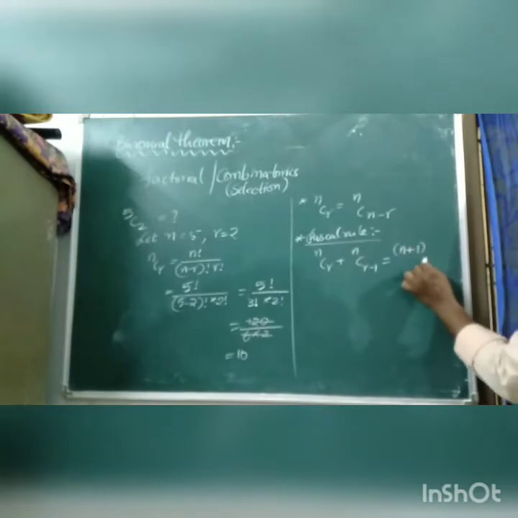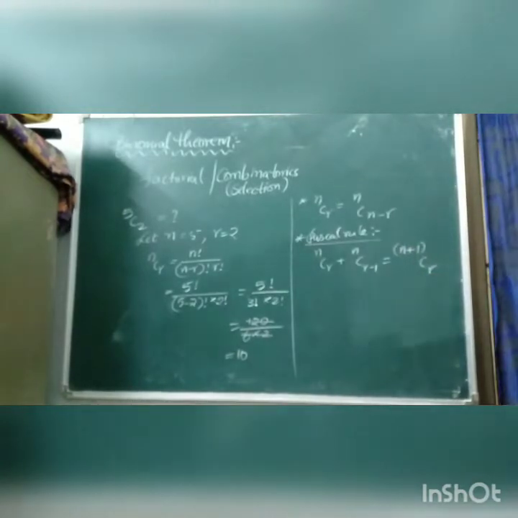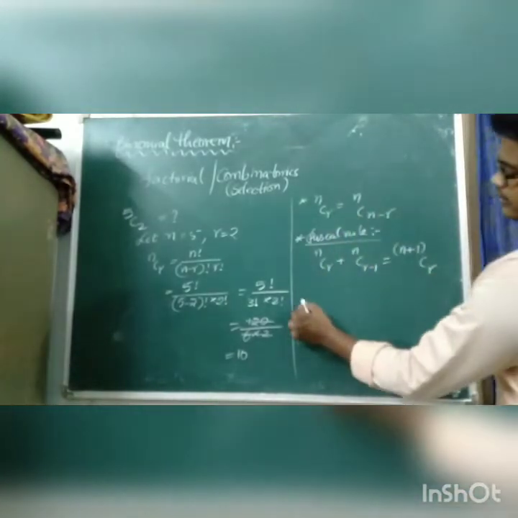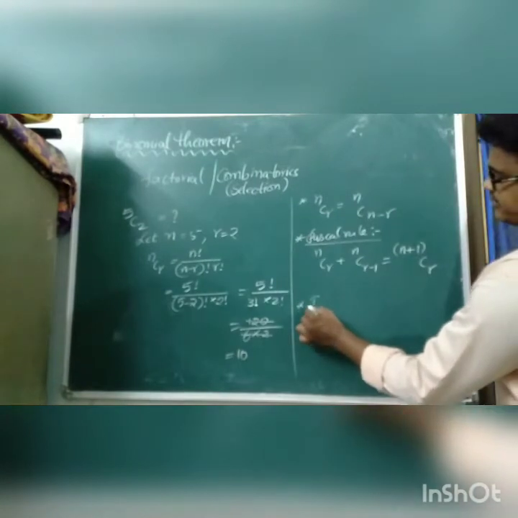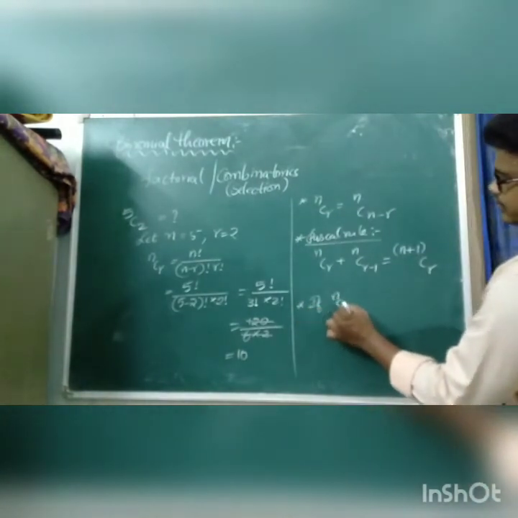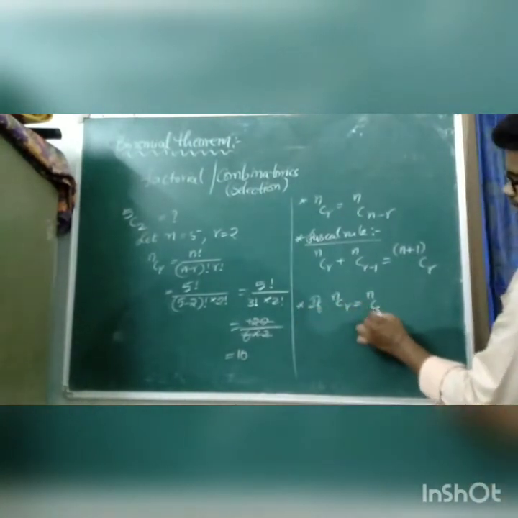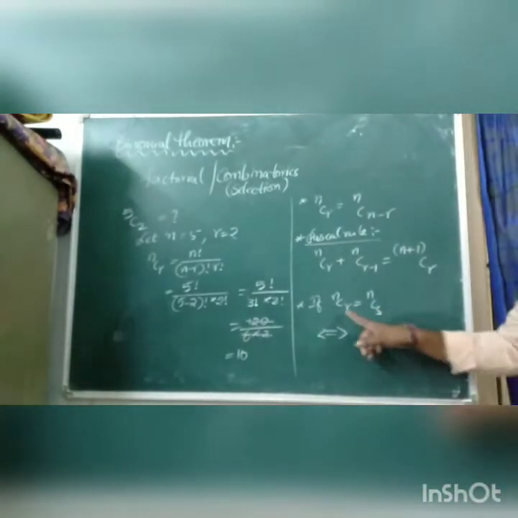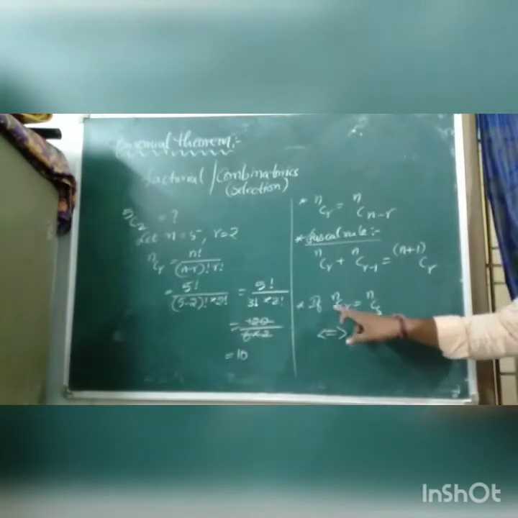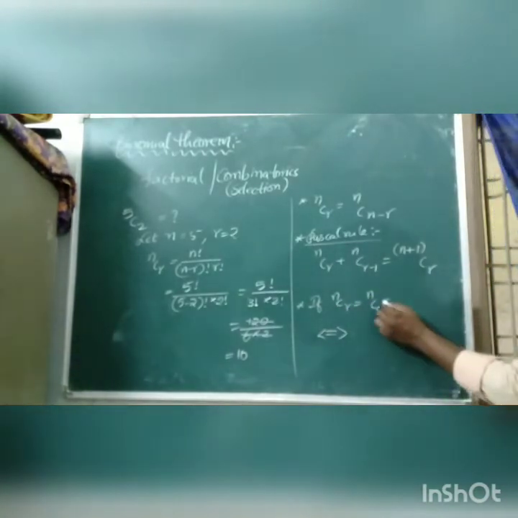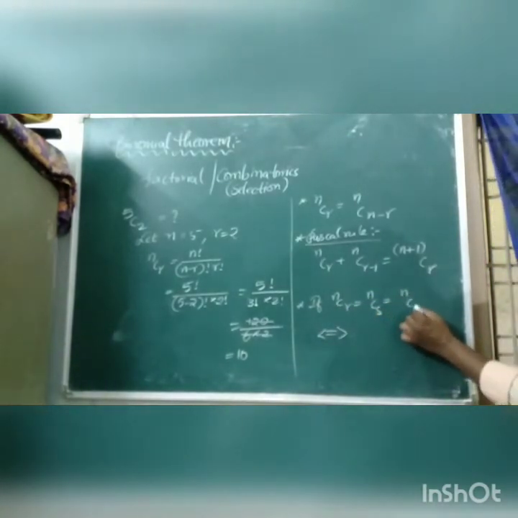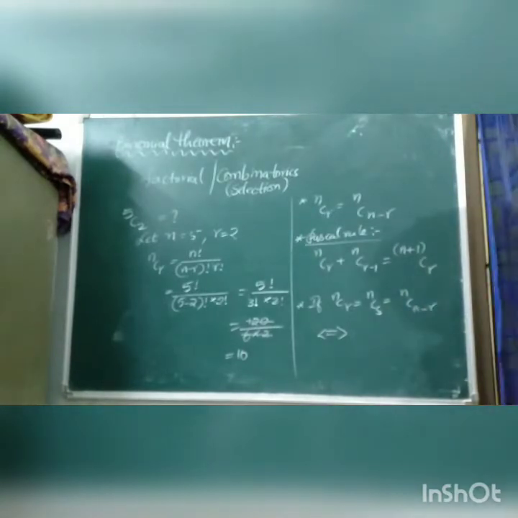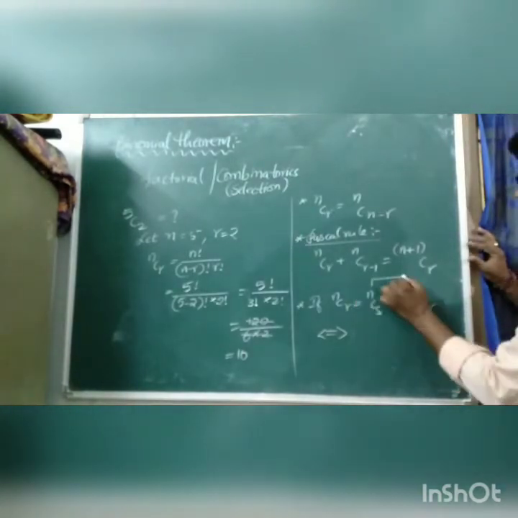1)Cr. Okay, next. And the third criteria, nCr is equal to nCs if and only if we have the condition. If nCr equals nCs, we already told that the value of nCr becomes nC(n minus r). Means, first of all, compare these two things.